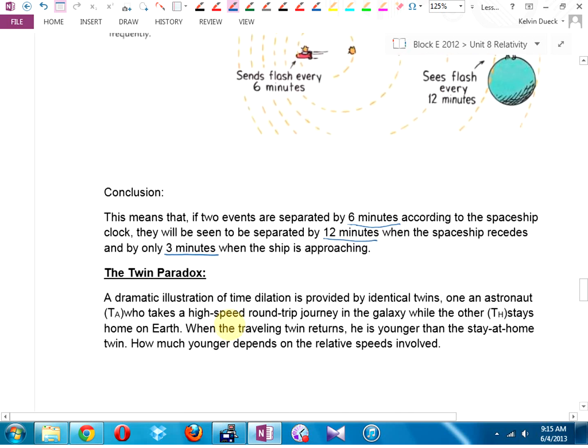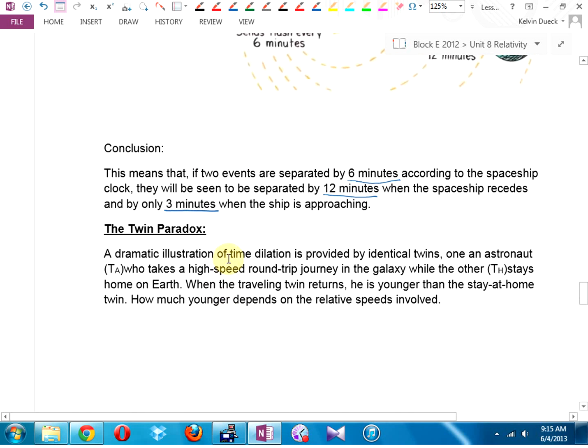So a dramatic illustration of time dilation, that's the fancy word for time changing, being not constant, is provided by identical twins. One an astronaut, let's call him TA for twin astronaut, who takes a high speed, by high speed, you've got to be getting fairly close to the speed of light, half the speed of light or more, round-trip journey in the galaxy while the other twin stays home.